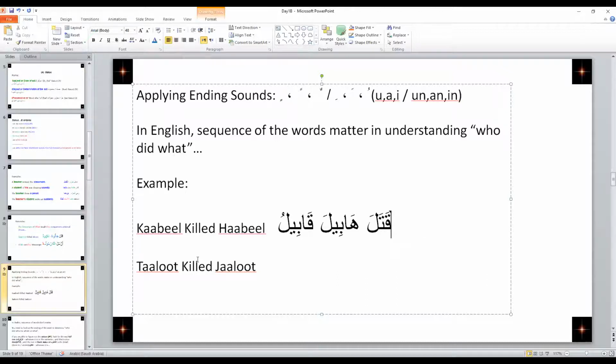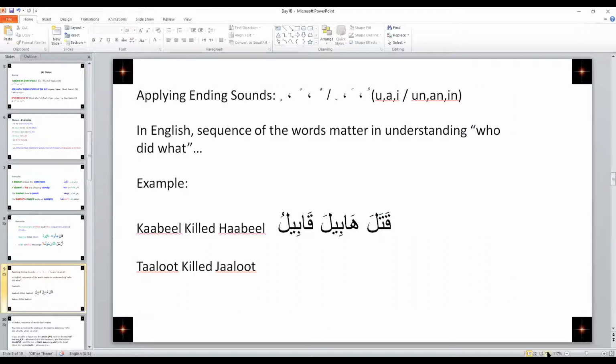But the meaning will still be the same in English. So that is some of the flexibility of the language of Al-Quran, in that the most important thing is to maintain the status. If the status is rafa, then it's the doer. If it is nasb, then it is the done-to in this kind of sentence. Okay, that's very, very important for us to stress.